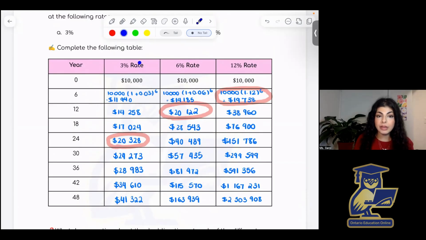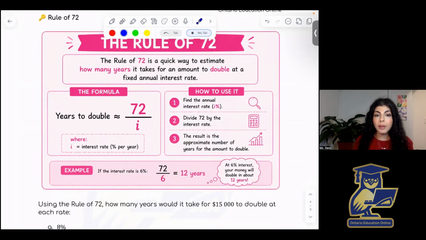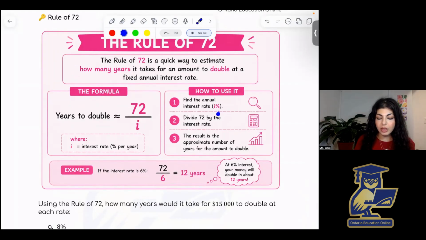Or if we do 72 divided by 3%, or the 3 from the 3%, we would get 24, which does match with that 24 years that we just saw. And so pretty much you just have to know the rate, and then you divide 72 by that rate, and it gives you the approximate value.